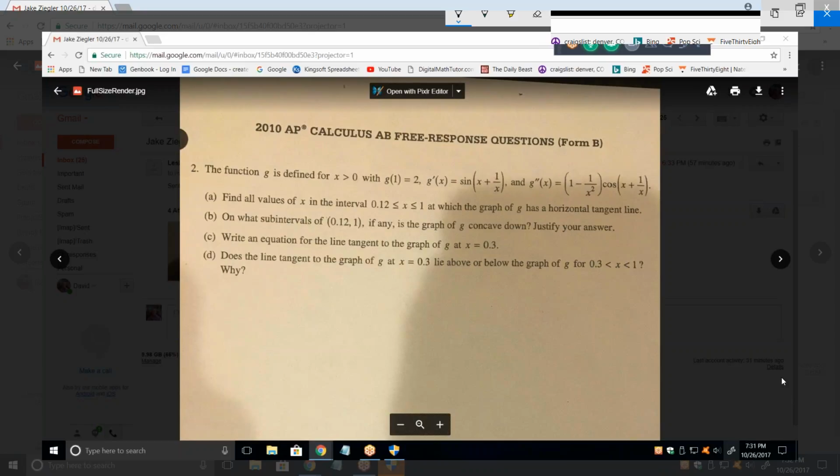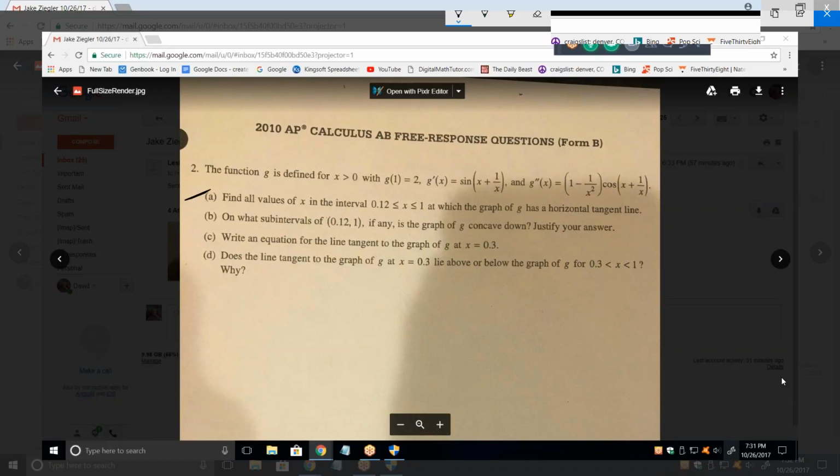Trying to figure out how to best explain this to you. At some point in differential calculus, you get to a problem where they start giving you derivatives and they want you to figure out the original function. Let's look at these questions.